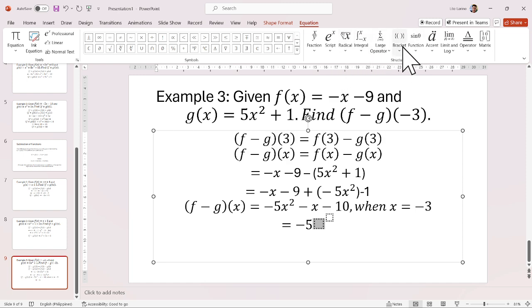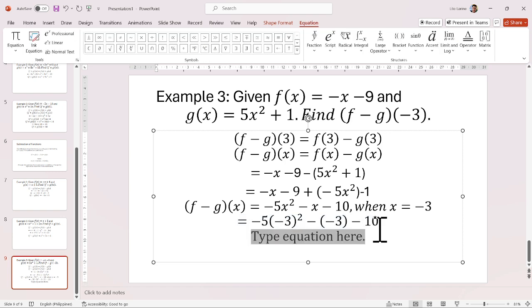Again, when x is negative 3, so negative 3 squared, minus, again, x is negative 3, negative 3 minus 10. So we substitute in our expression: negative 5 times negative 3 squared minus negative 3 minus 10.